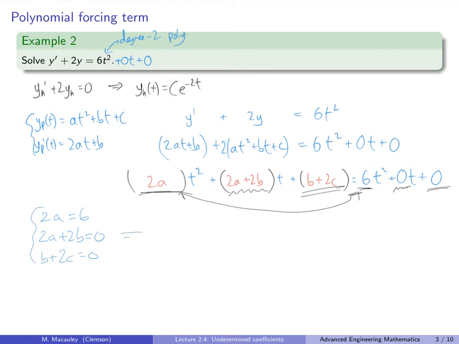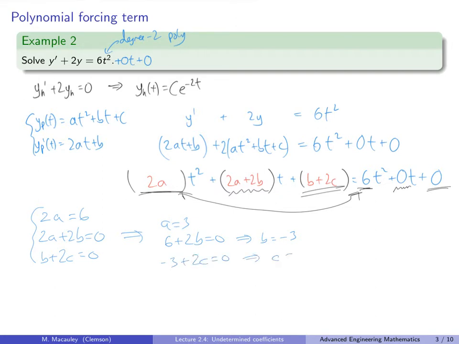So we want to solve this, and so we get a equals 3. We're going to plug that into here, and we get 2 times 3 is 6 plus 2b equals 0. So we solve for b, and we get that b equals negative 3. And now we want to plug this into here, and we get negative 3 plus 2c equals 0.